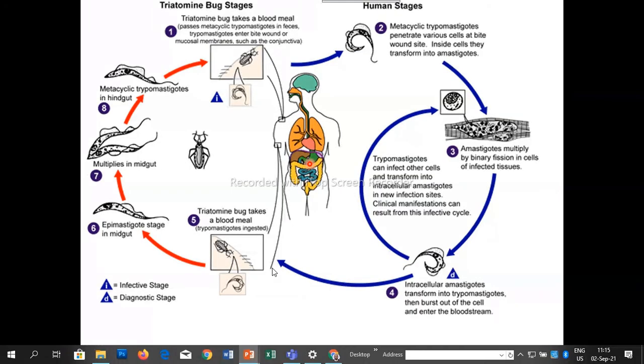The life cycle is not really very different from that of Trypanosoma brucei.